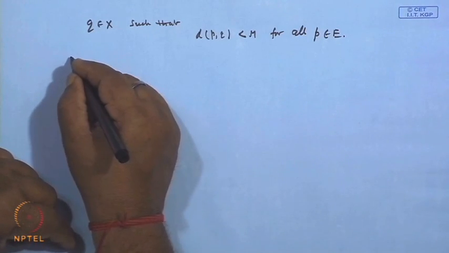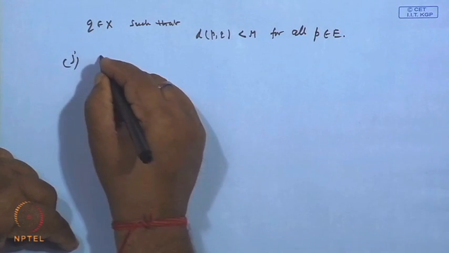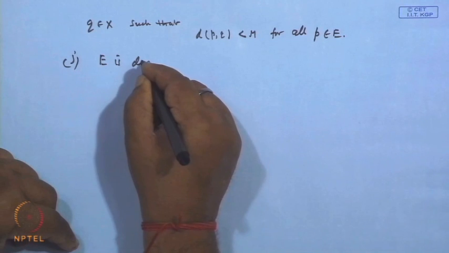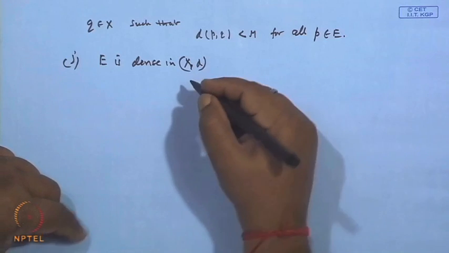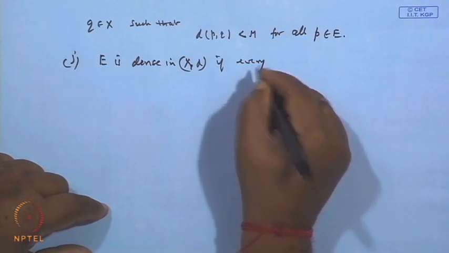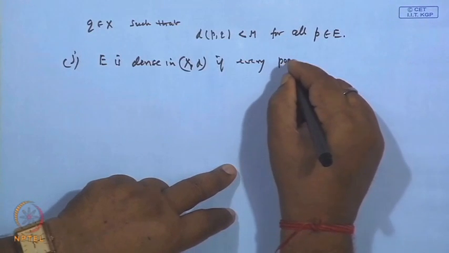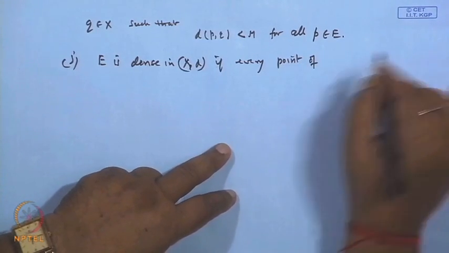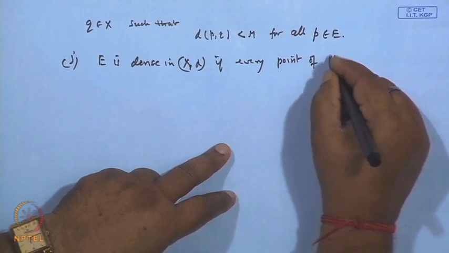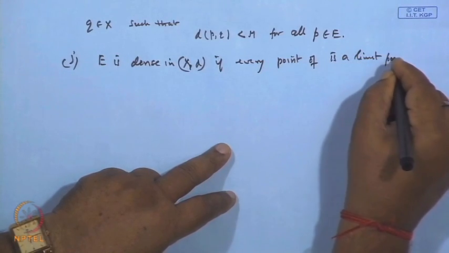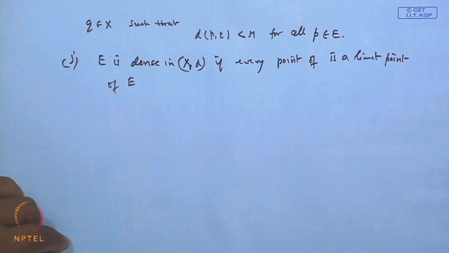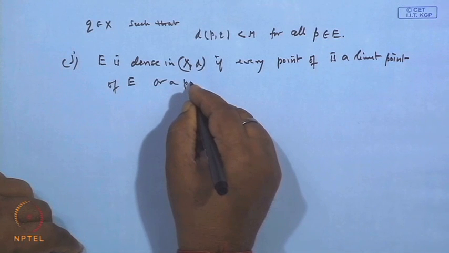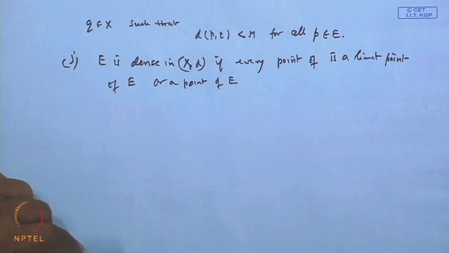And lastly, we say a set E is dense in a metric space X, d if every point of X is a limit point of E or a point of E. It means what?